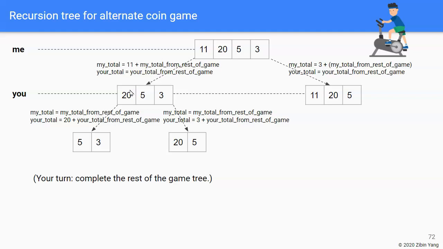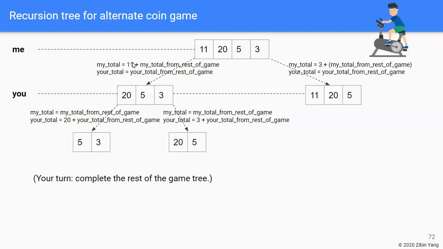For me, I'm not the one picking any coins here, so my total at this point would be just whatever I get from the rest of the game, right? Same on this branch. And then at this point, I would encourage you to pause the video and try to complete the remaining recursion tree on this side as well as on this side.